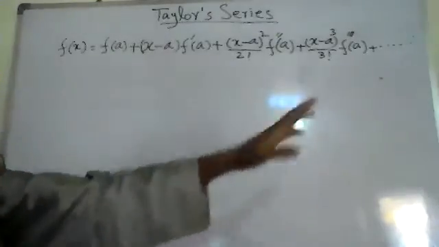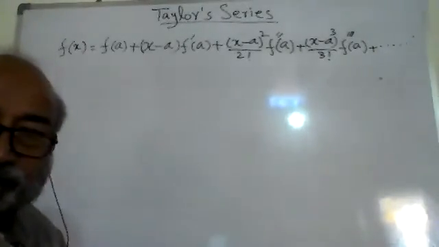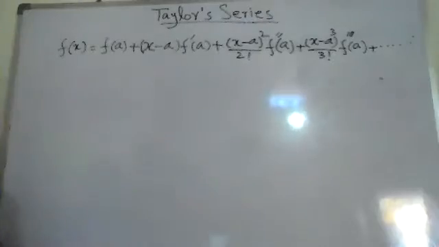If it is infinite, it's called the Taylor series. This is the difference between Taylor's polynomial and the Taylor series. It is the same thing, only the number of terms differs.